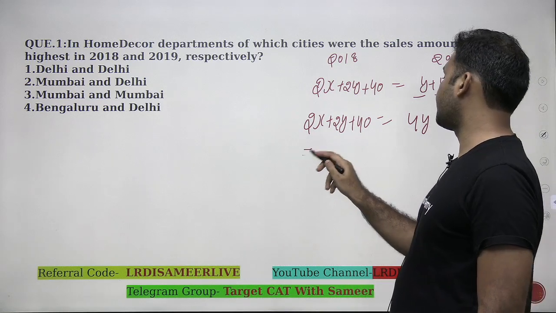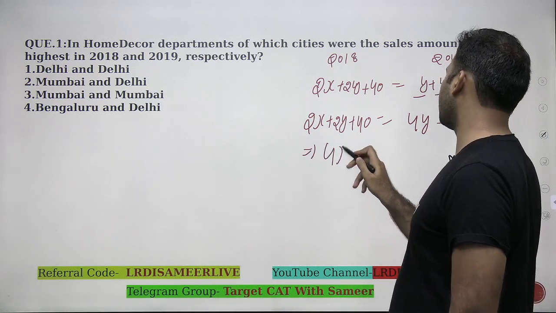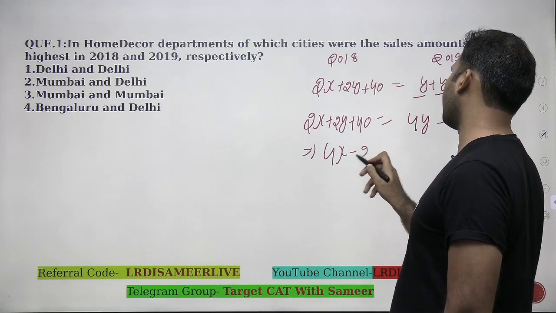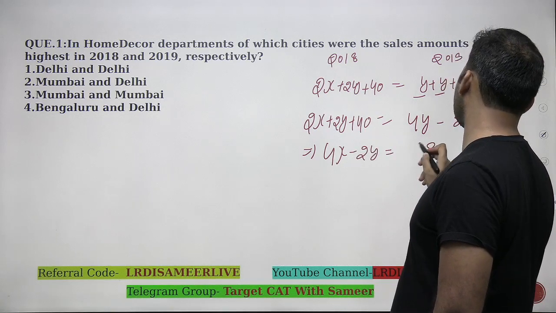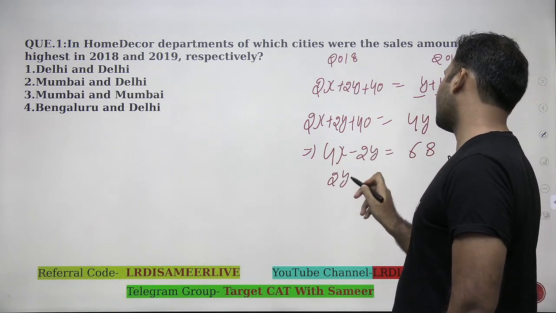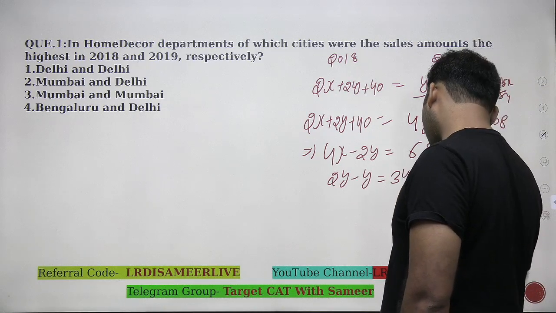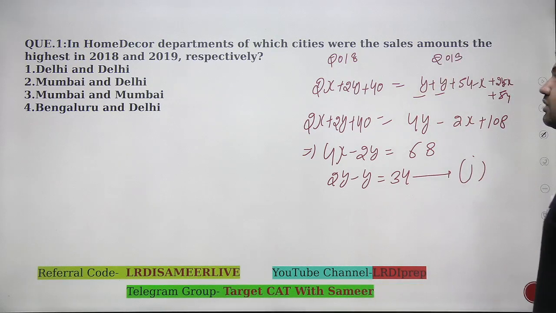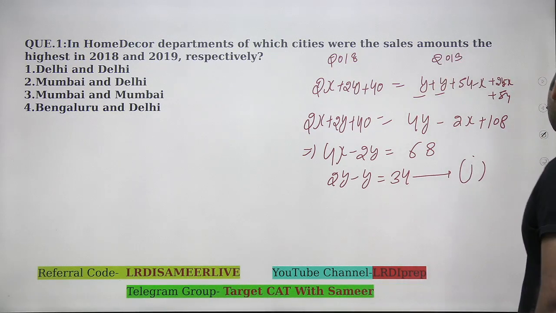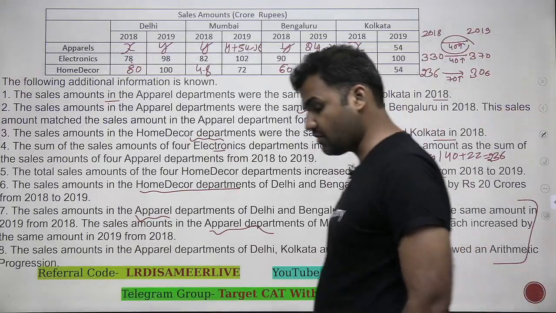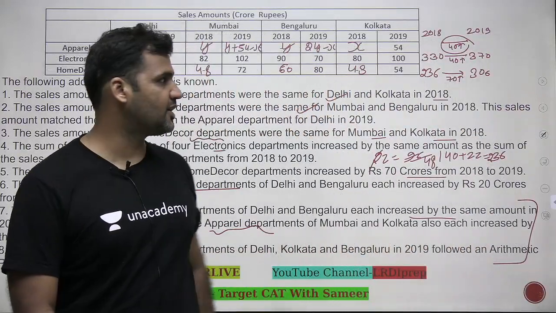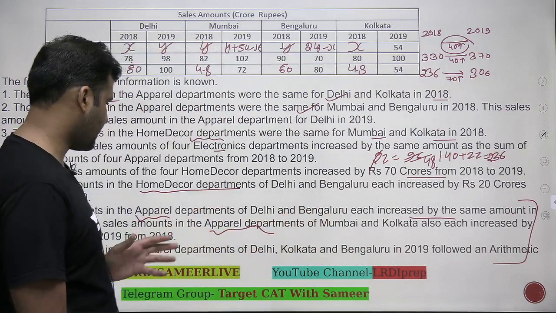All right, so 2x plus 2x is 4x, 2y minus 4y would be minus 2y, equal to 68. So 2x minus y will be 34, and that's the first equation that you need to make. The question is simple addition and subtraction, nothing more than that. Might look difficult, but it's actually nothing more than addition and subtraction.